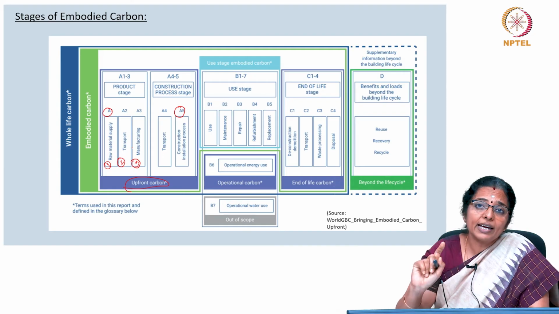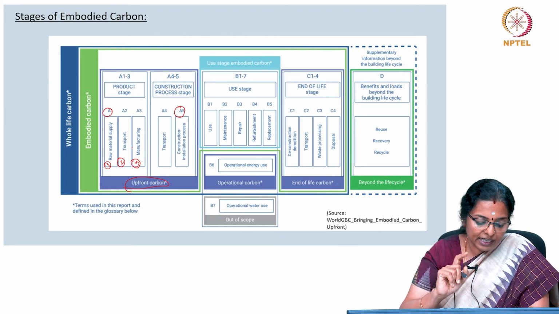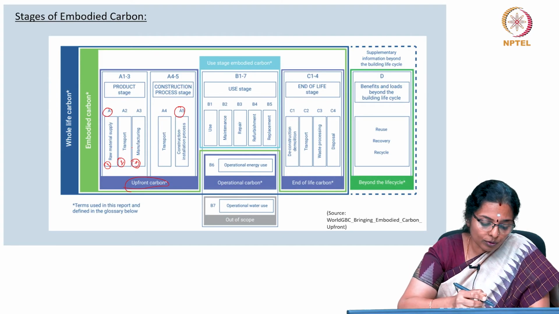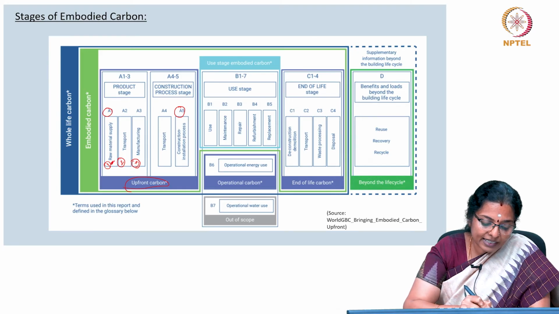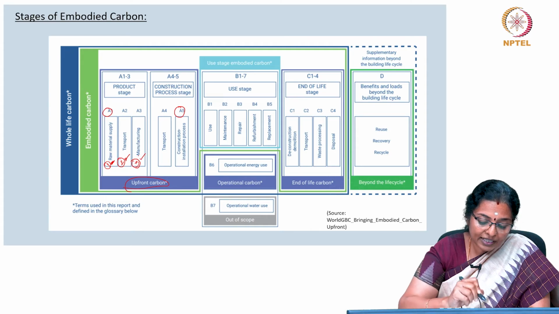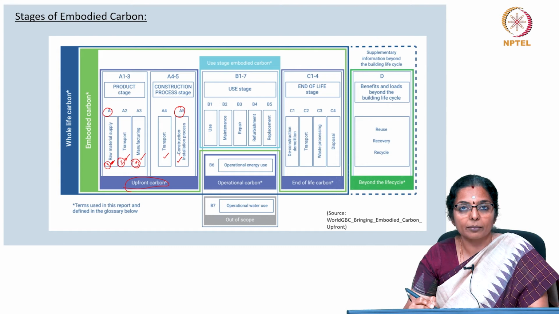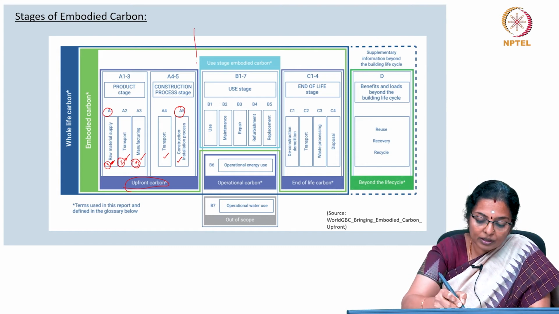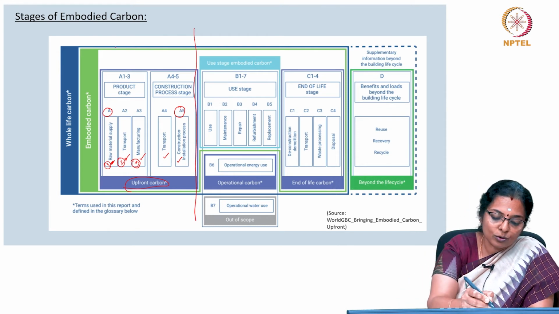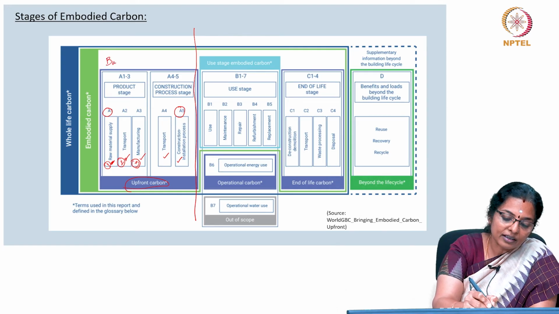You have already emitted enough carbon dioxide due to the raw material extraction, transportation, its manufacture. After the product is manufactured, you transport it to site and you start installing it in the building. So, till now the building is not yet used.